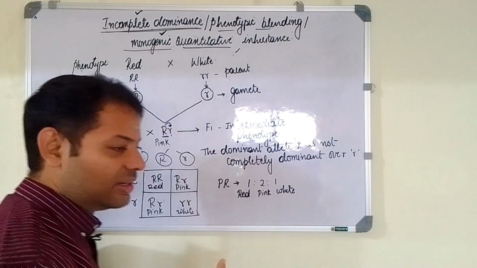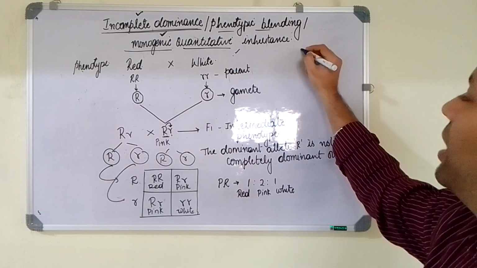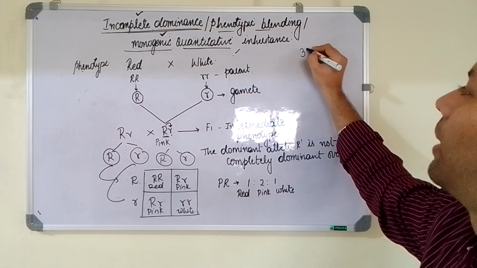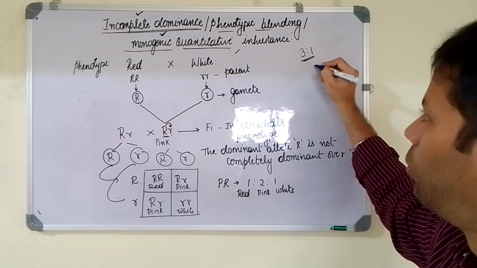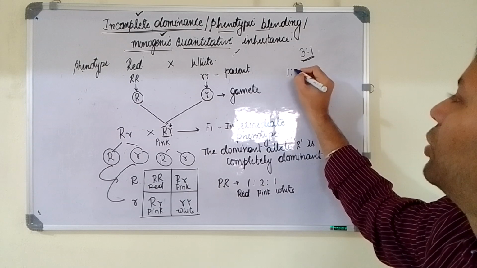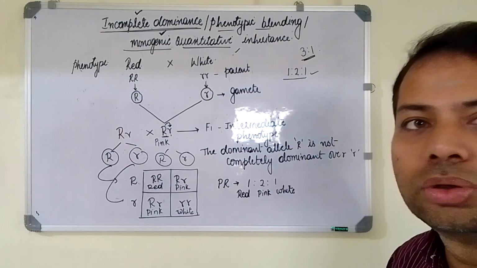So this is a little deviation from Mendel's law or Mendel's monohybrid crosses. Mendel's monohybrid crosses were showing complete dominance, so we were getting a ratio of what? 3:1. But here in incomplete dominance, the phenotypic ratio that we are getting is what? 1:2:1.